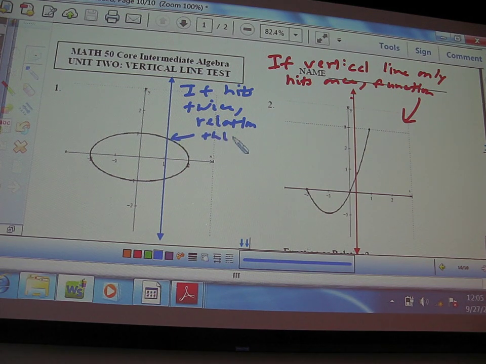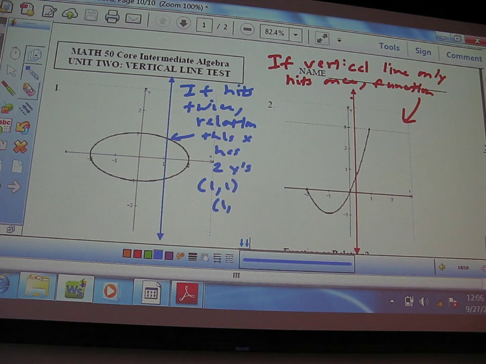This x has two y's. Does that make sense? Right? 1 comma, it's not quite 1 comma, whatever that is, maybe 0.8, negative 0.8, something like that, right?